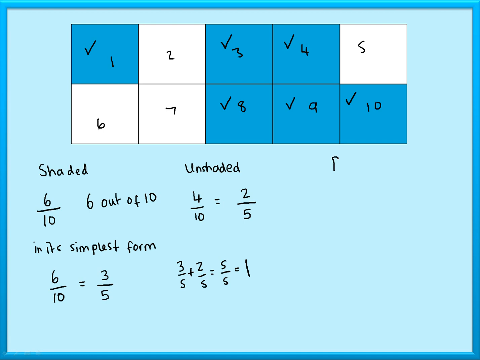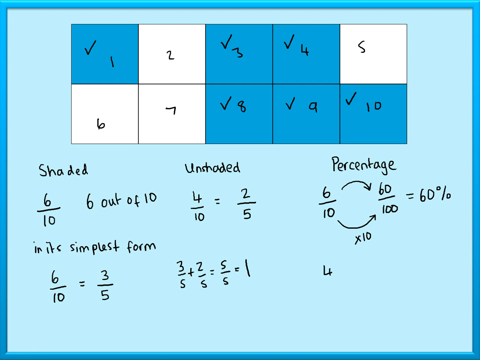Now if you wanted this as a percentage, this could be fairly straightforward, because at the moment we've got 6 out of 10 shaded. Now percentages are out of 100, so let's change that into a fraction out of 100. We need to multiply by 10, because 10 times 10 is 100, so we need to do the same to the top number. 6 times 10 is 60, so it's 60 out of 100, or 60% that's shaded.